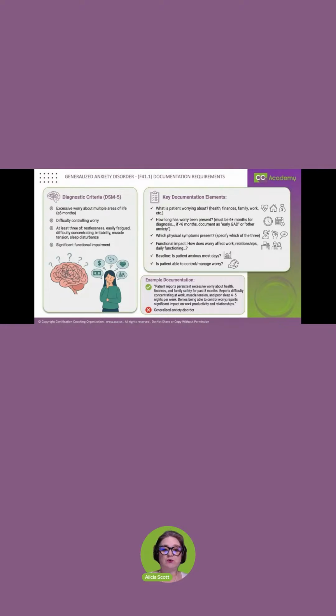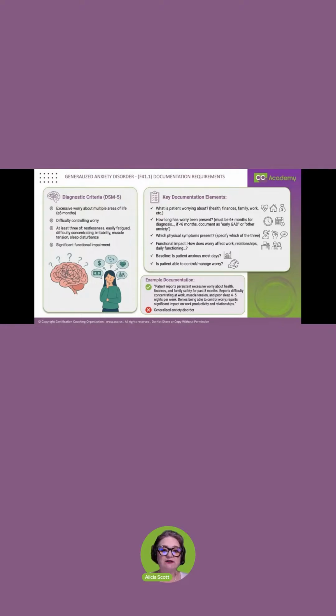So what do we actually want to see documented? What is the patient worrying about? Health, finances, family, work, all the above. It can be anything, but we need to see something documented there. How long has the worry been present? Again, 6 months is that minimum for this diagnosis. Which physical symptoms are present?